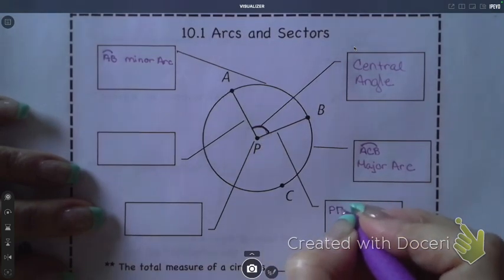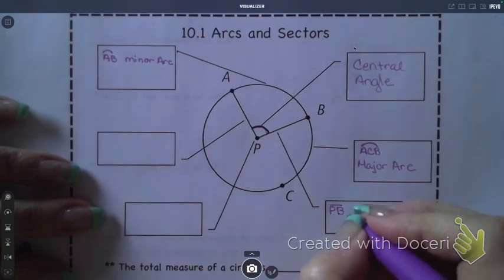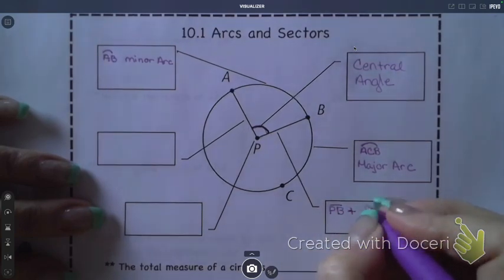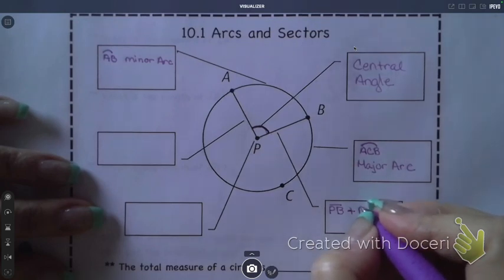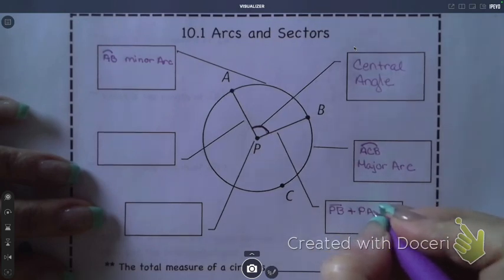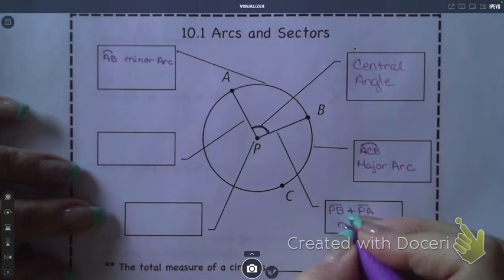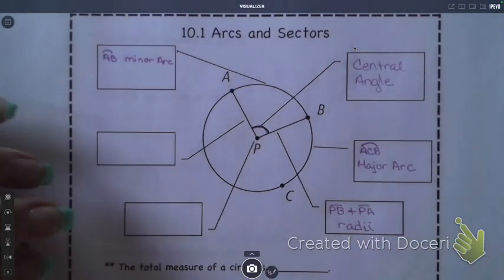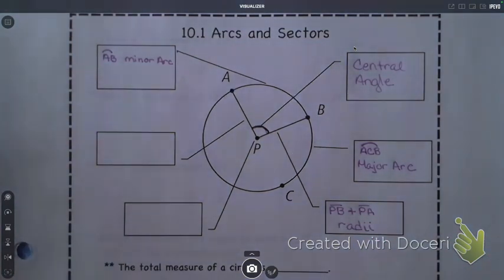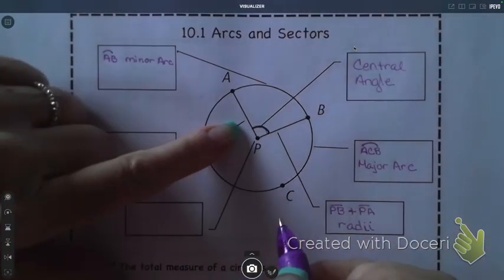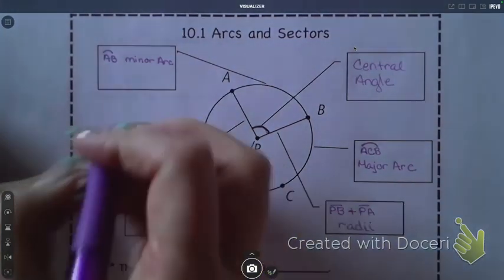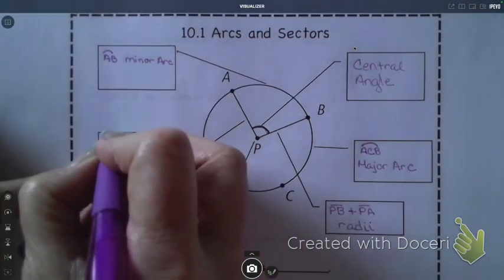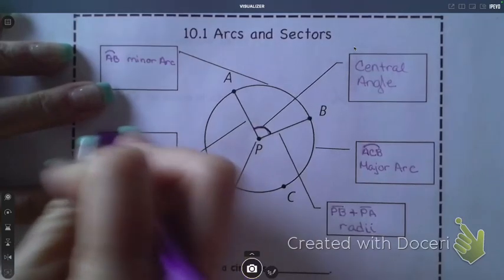So segment PB, and also PA. Those are radii. Radius is one, radii is multiple. Oh, I have one here too, don't I? Center goes first, doesn't it?